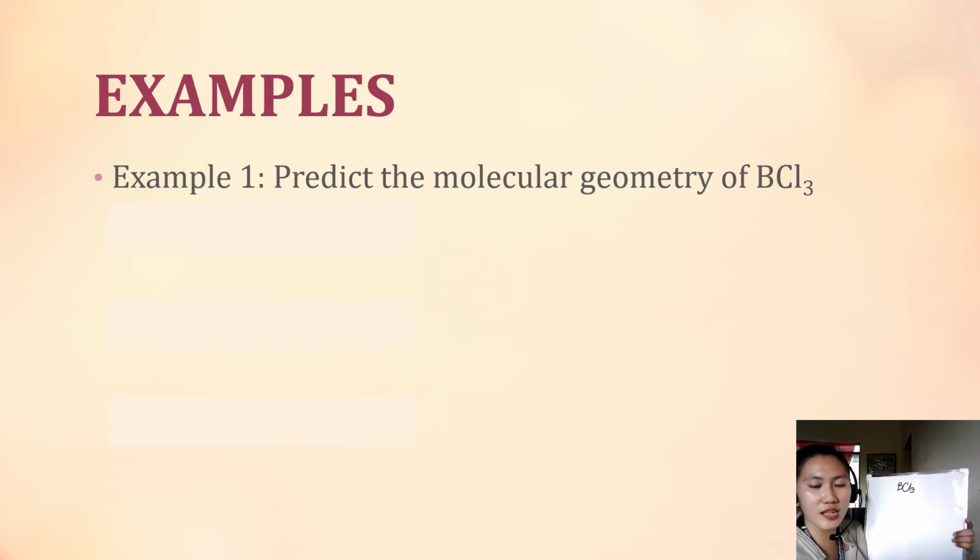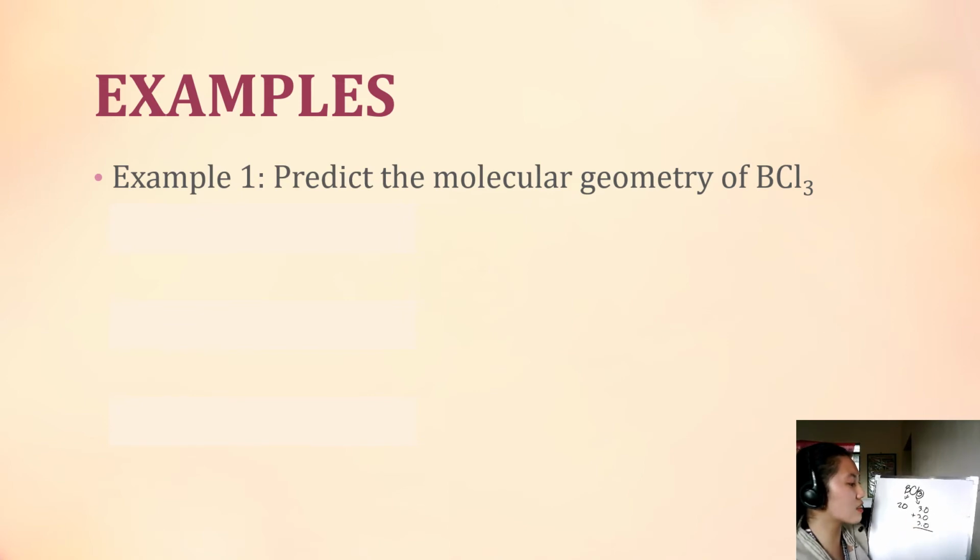So first, let us determine their electronegativity value. Boron has an electronegativity value of 2.0, and chlorine has an electronegativity value of 3.0. Since there are three chlorine atoms, there should be three 3.0.